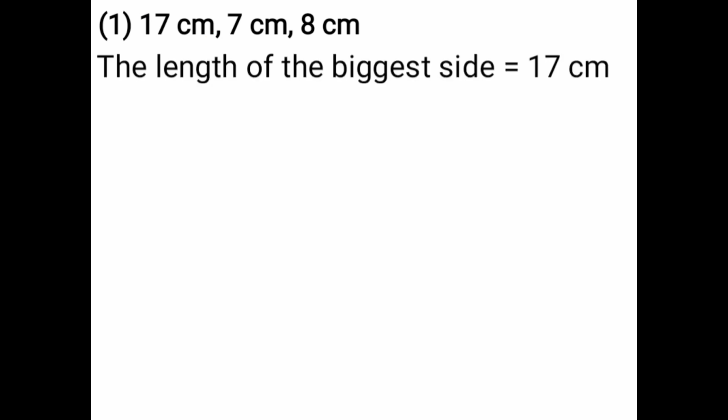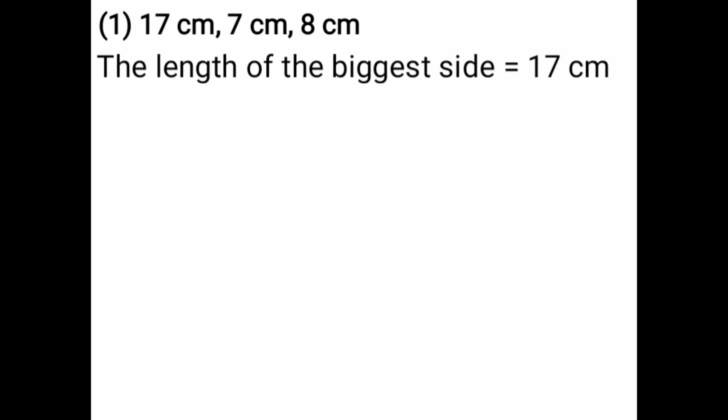Okay, so you have to write the statement. The length of the biggest side is 17 centimeter and the two smaller sides are 7 centimeter and 8 centimeter. You have to take the sum of the two smaller sides.